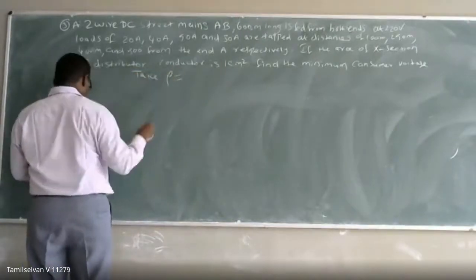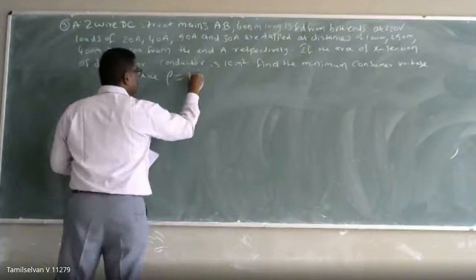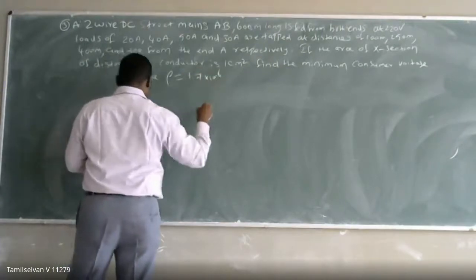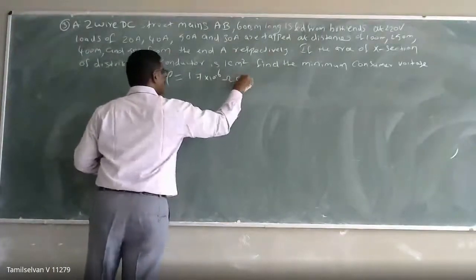Take rho equal to 1.7 into 10 power minus 6 ohm centimeter.